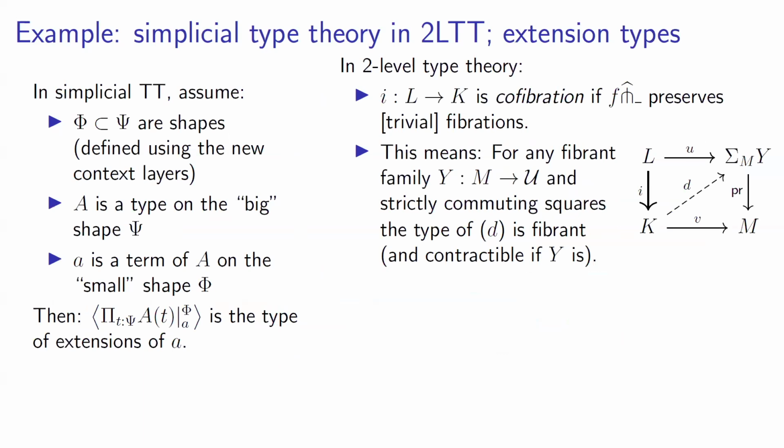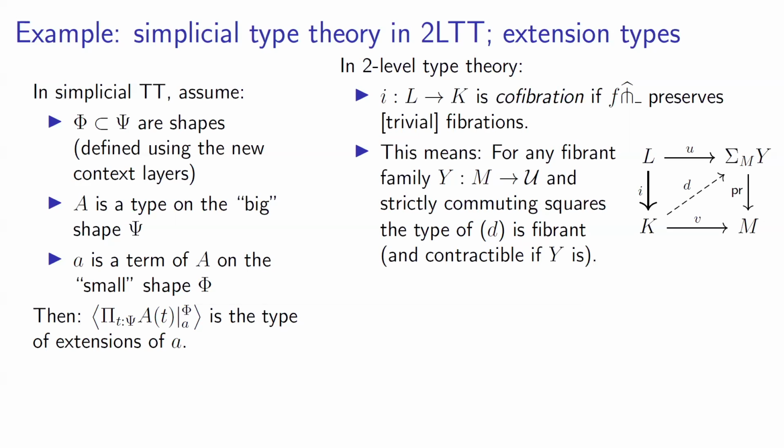The first ingredient of simplicial homotopy type theory, as I mentioned, is extension types. These are exactly the things which are nowadays probably most famous because they feature in cubical type theories. The idea is that you have a shape and a subshape, and a type which is defined on the whole shape, and you have a term of this type, but this term is only defined on the subshape.